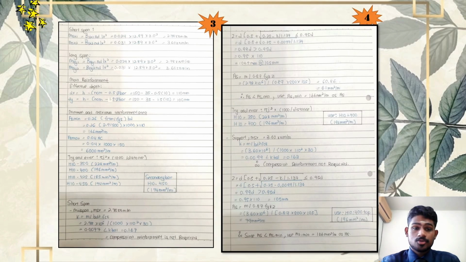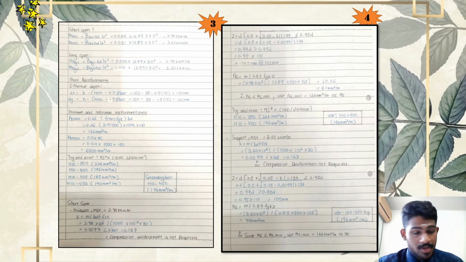Okay, now I'm moving to the short span, where msx1 is equal to 2.78 kilonewton meter per meter, and also msx2 is equal to 0.031 times 12.89 times 3.0 to the power of 2, and the value that we get is 3.60 kilonewton meter per meter.